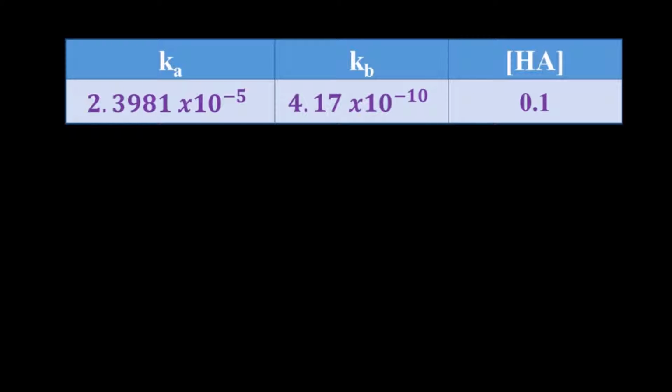You can see that the Ka is 2.3981 times 10 to the negative fifth, and Kb is 4.17 times 10 to the negative 10th. But what does that really mean when it comes to understanding the size of these numbers and whether or not it's significant to subtract x from the beginning molarity of the acid?